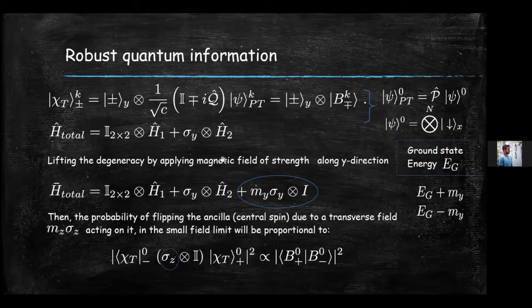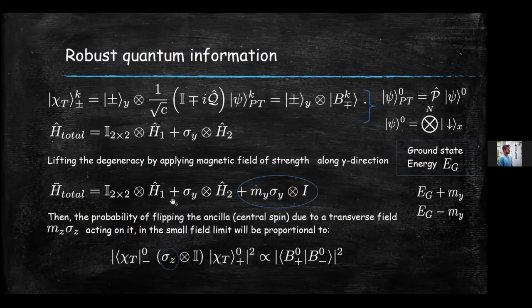Since these states were doubly degenerate, what we first do is lift the degeneracy by applying a magnetic field, by adding an extra term into this total Hamiltonian, which is represented here as my sigma y. So we are applying an extra magnetic field on this ancillary degree of freedom, which would then lift the degeneracy and split them in energy like this.